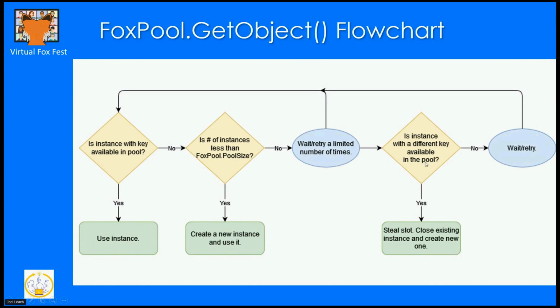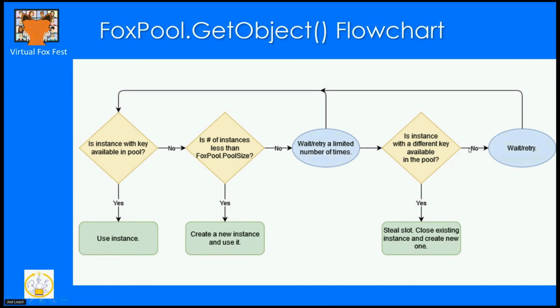Is there an instance in the pool that is using the TazTrade key? Okay. The answer is yes. We're going to steal that slot from TazTrade. And that means we're going to close that existing TazTrade instance and then create a new instance for Northwind. And the reason we're doing that is because the TazTrade instance is just sitting there doing nothing and just using up a slot.